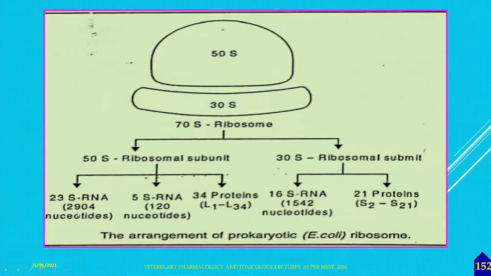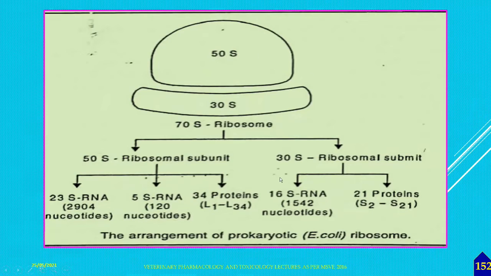Here you can see that the 23S RNA contains 2904 nucleotides, whereas the 5S contains 120 nucleotides, and the proteins L1 to L34 form the 50S ribosomal subunit. The 30S ribosomal subunit consists of the 16S RNA, containing 1542 nucleotides, and 21 proteins, S2 to S21.